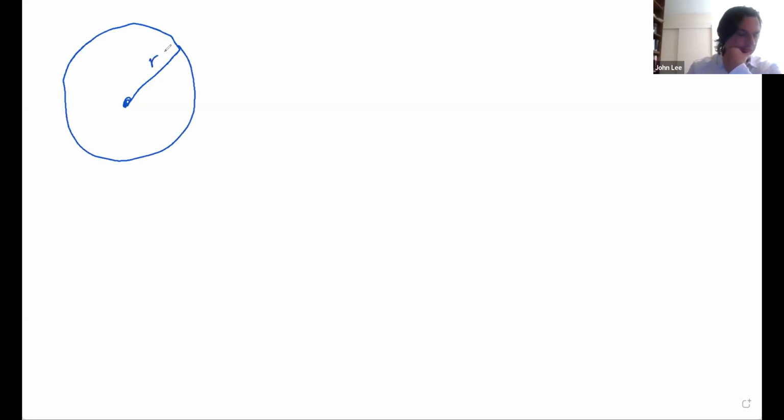So for centripetal force, you have some object moving in a circle with radius R.